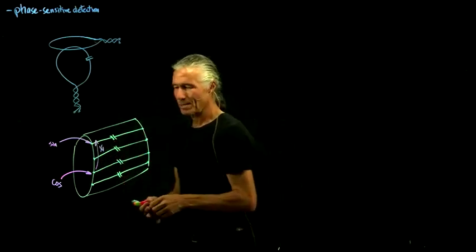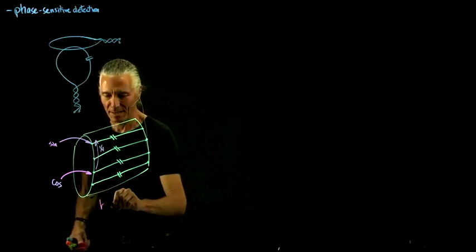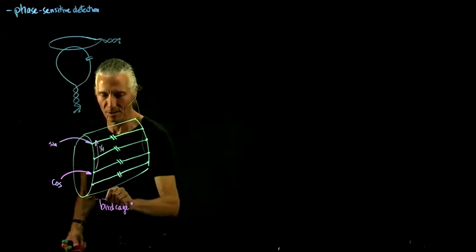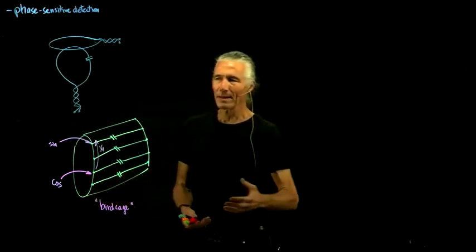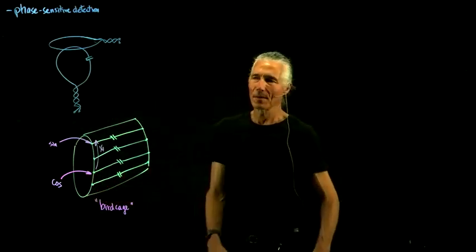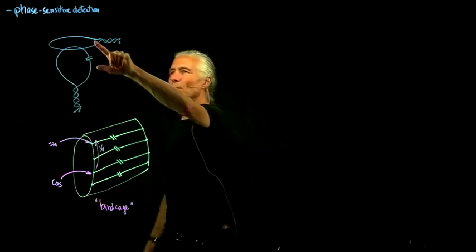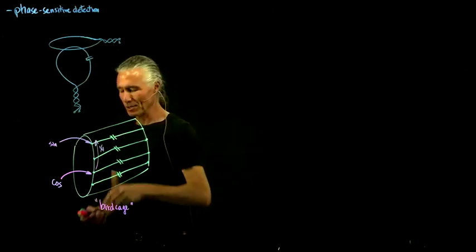So this one is called a birdcage coil. And coils similar to this are still used for the body RF coil that stimulates your whole body. But let's go back to this simple case of just two coils.